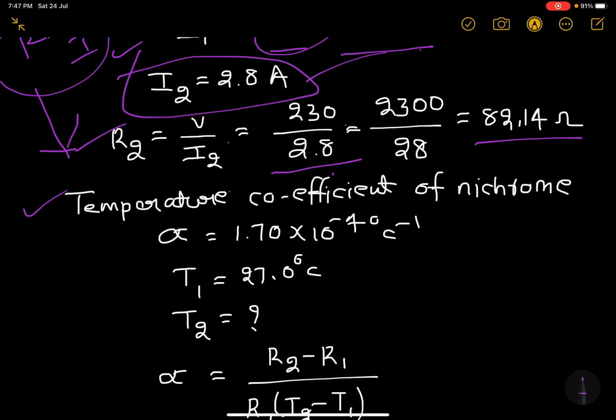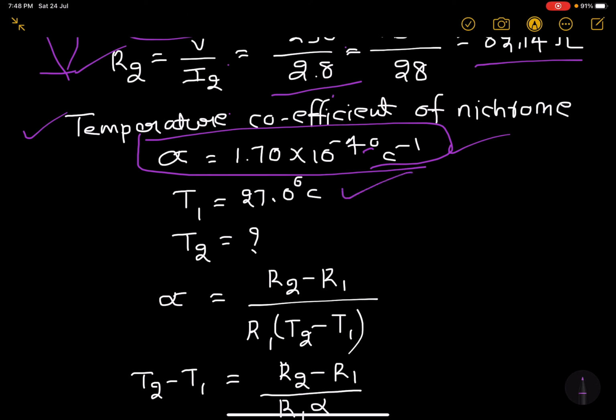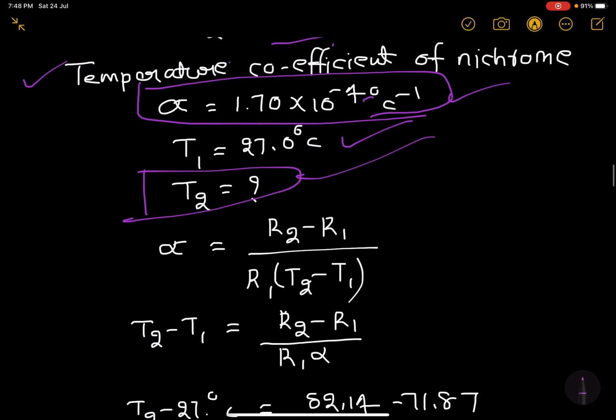Then the temperature coefficient of resistance is given: alpha equal to 1.70 into 10 to the power of minus 4 per degree centigrade. Then T1 equal to 27.0 degrees centigrade. Now we will find T2. We already know the temperature coefficient formula: alpha equal to R2 minus R1 by R1 into T2 minus T1.